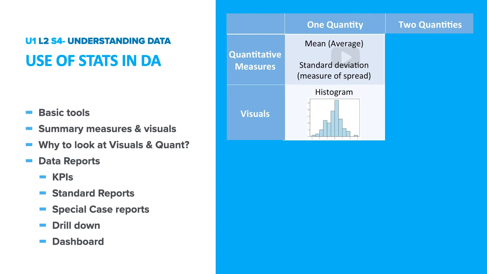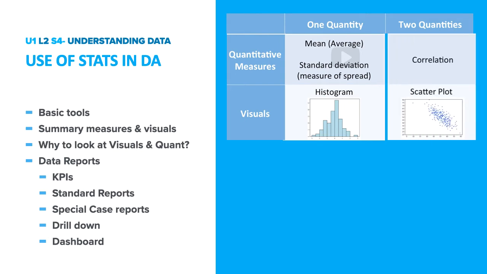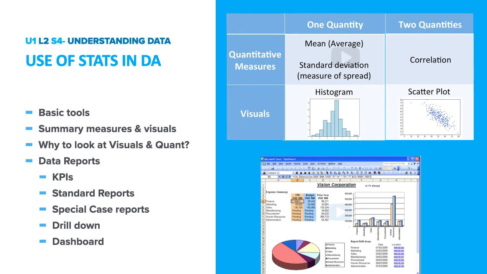So we will be looking at two quant measures. One will be the mean and the other would be the standard deviation, which gives you the spread. And for the visuals, we'll be talking about histogram, that will be the visual. In case of two quantities, the quant would be correlation and the visual would be scatter plot, a scatter diagram.